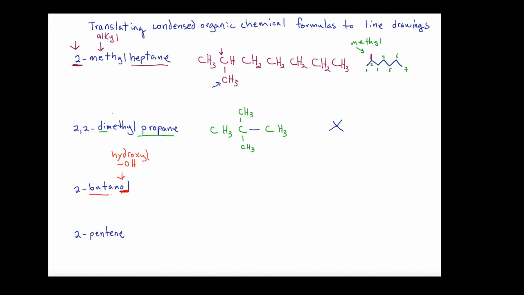Because it's butan, which comes from butane. So we're going to have a 4-carbon unit here. Let me put my backbone in. There's the 4 carbons. The OH group, or the hydroxyl, needs to be on the 2nd position. So let's put that on the 2nd carbon. And again, I always come in from my left side. So here's my OH at the 2nd position, and now we need to add the hydrogens.